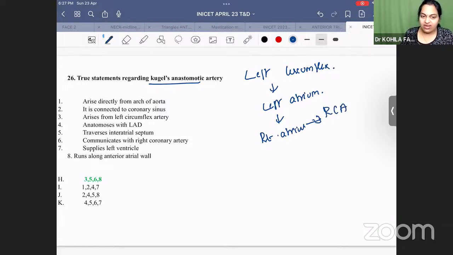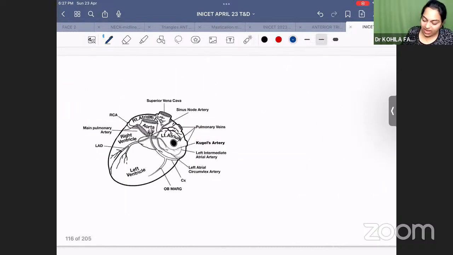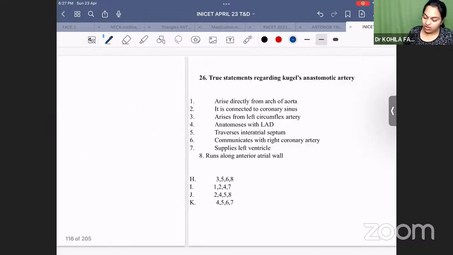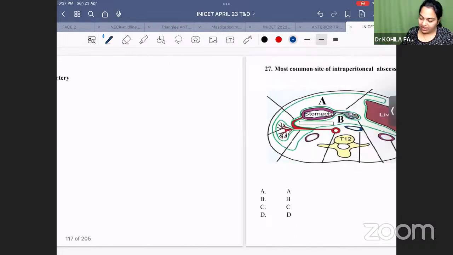You can see it running along the interatrial septum and along the anterior atrial wall. So if you take it all, you'll get these right. From the left circumflex, it communicates with the right coronary artery, traverses the interatrial septum, runs along the anterior atrial wall. This is the diagram to show that this is your left circumflex and this is Kugel's artery for the left atrium. Blood supply of the heart is important. You can't afford to skip any point from that.